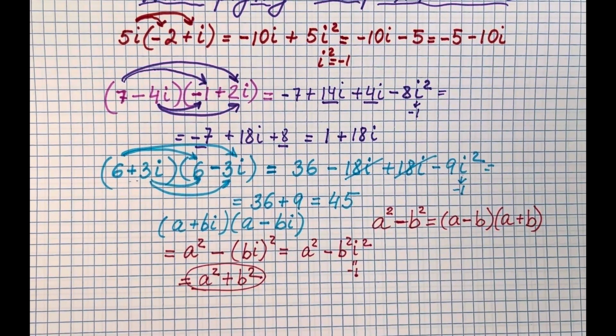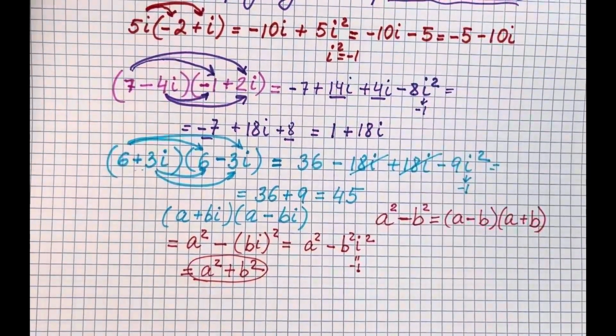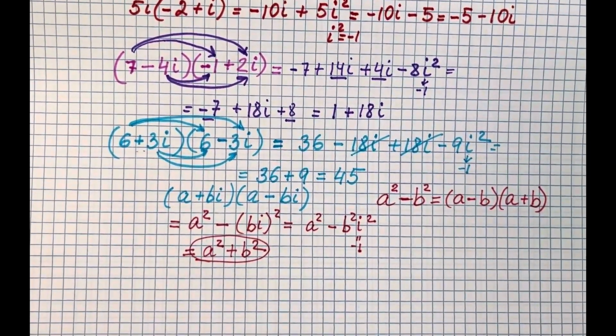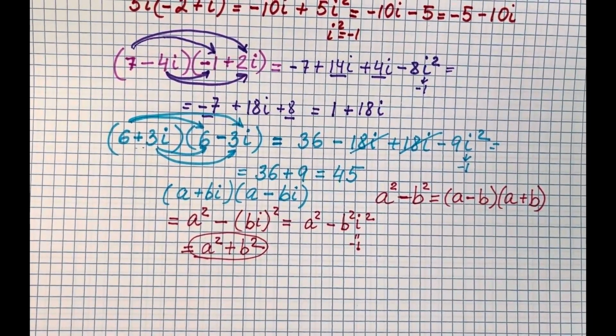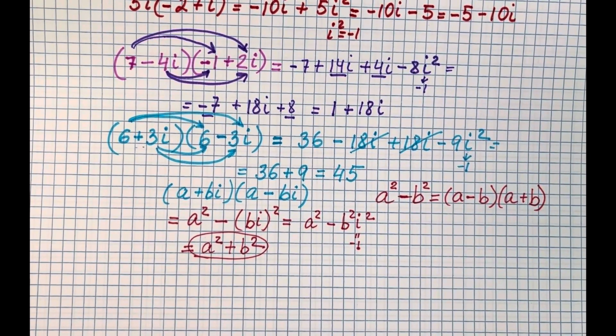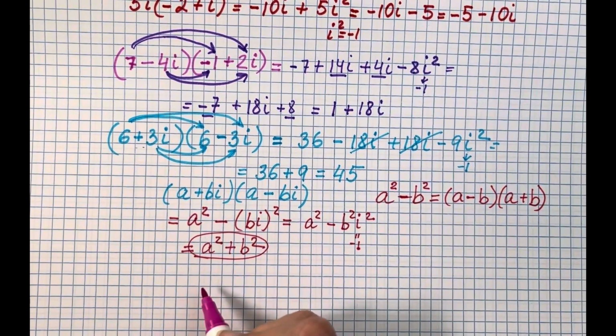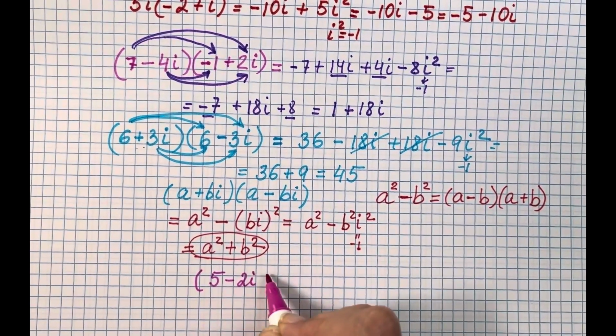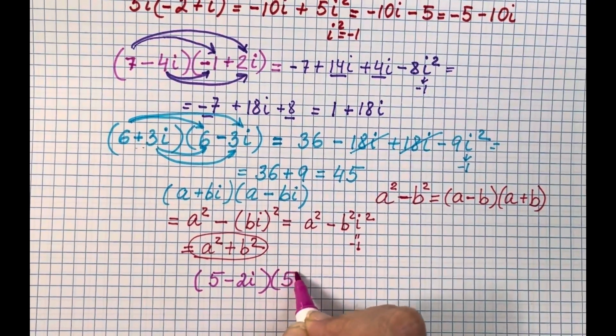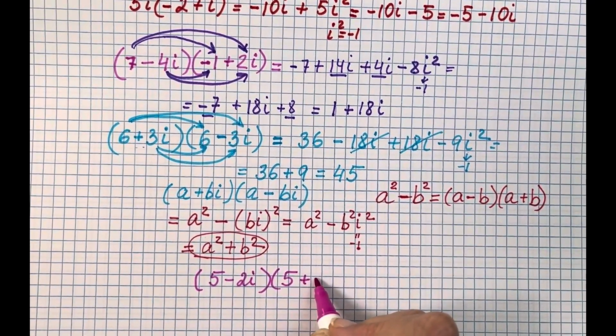So let me give you one example, when we're multiplying conjugates one more time. For example, let me pick the color. Yeah, I like this one. So, for example, very quick. I have 5 minus 2i times 5 plus 2i.